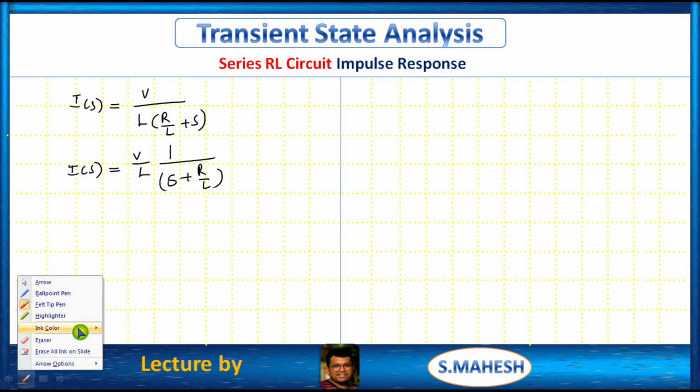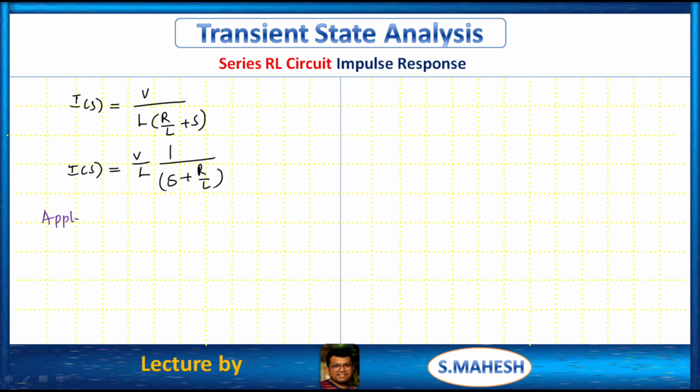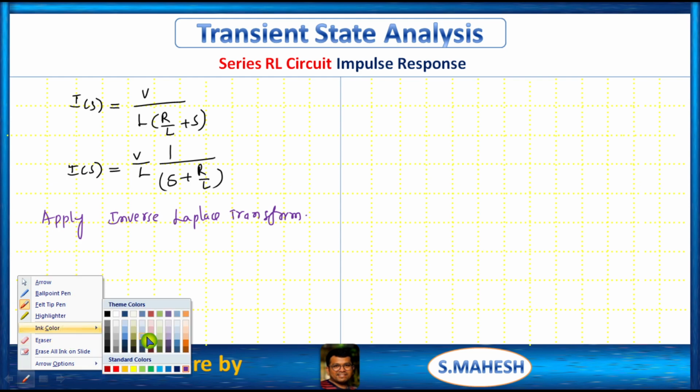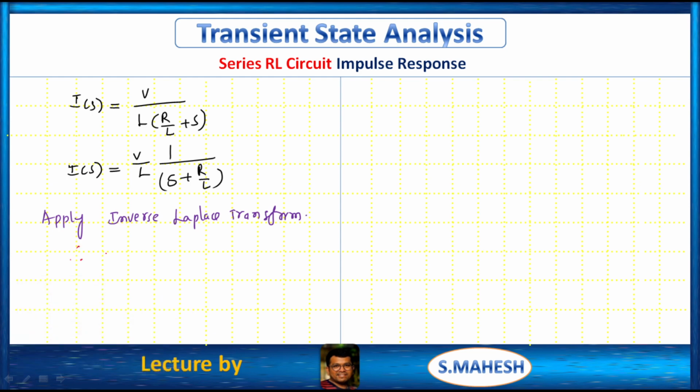Then apply the inverse Laplace transform. Then we know the 1 by s plus a form. Therefore, i of t equals V by L, which is a constant, times e power minus R by L into t.